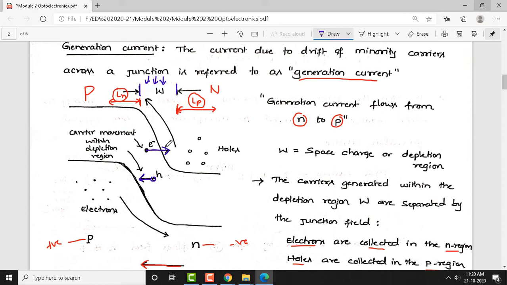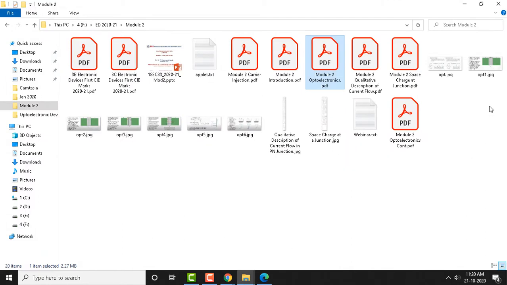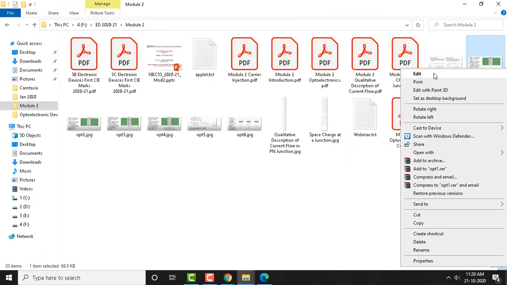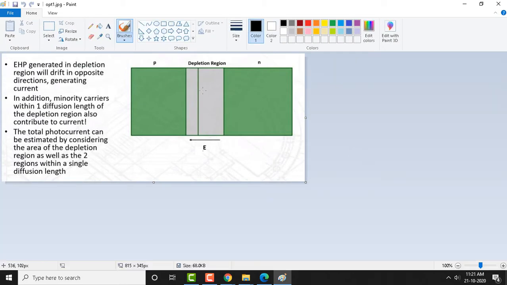Now, let us see, I think this part we can illustrate with one more diagram which I would like to show you better. You can see here, what type of junction is this? Anybody can guess?